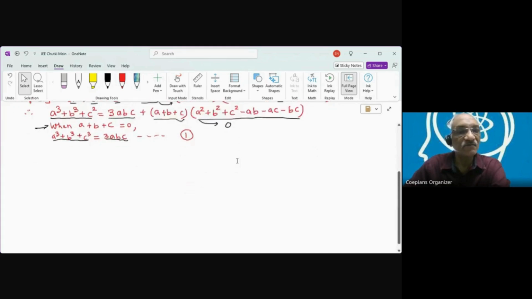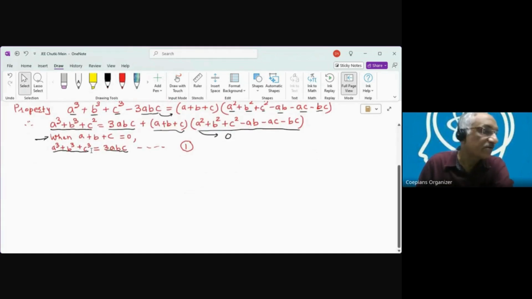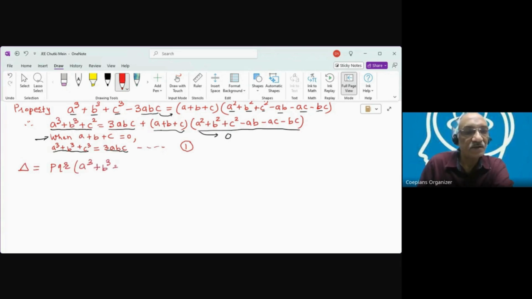The expansion will become pqr into bracket. I'm going to write this as delta. So the value of the determinant after expansion is pqr into bracket a cube plus b cube plus c cube minus, as I said, I have to take abc common, and inside it becomes p cube plus q cube plus r cube.